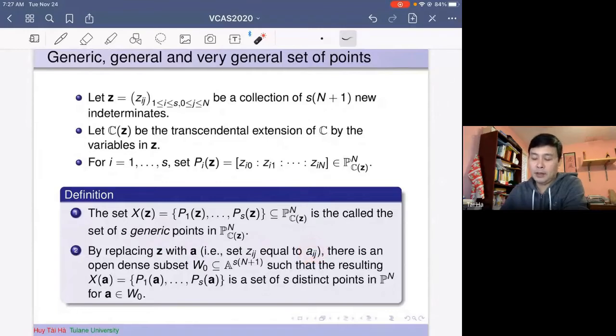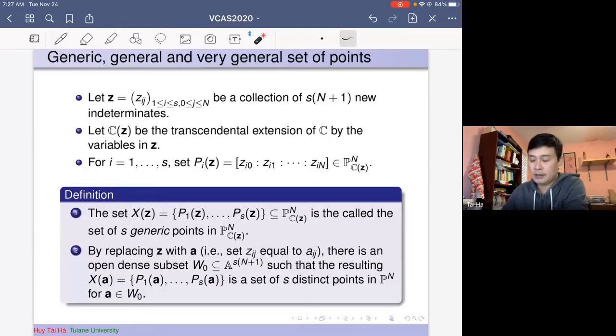Now, of course, it's not always the case that if you take any A inside the parameter space, the resulting collection is a set of distinct points in our projective space Pn.